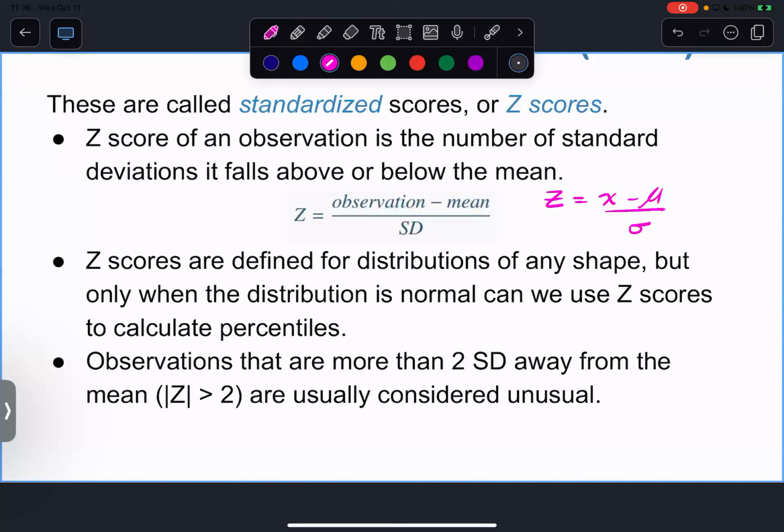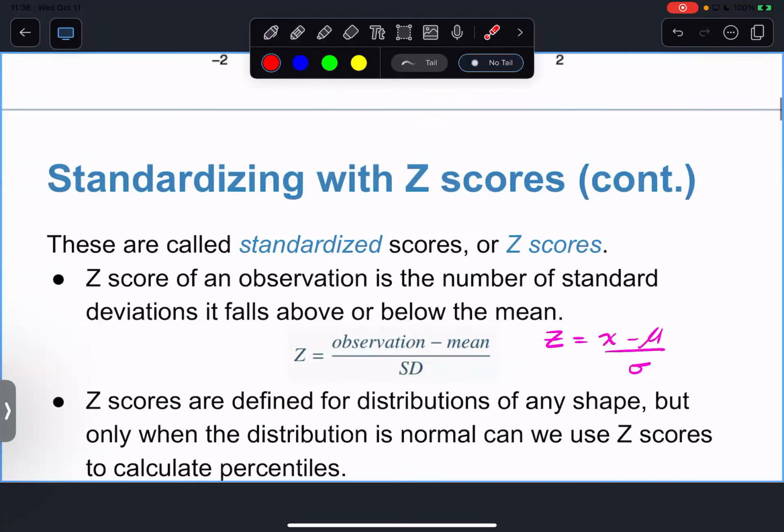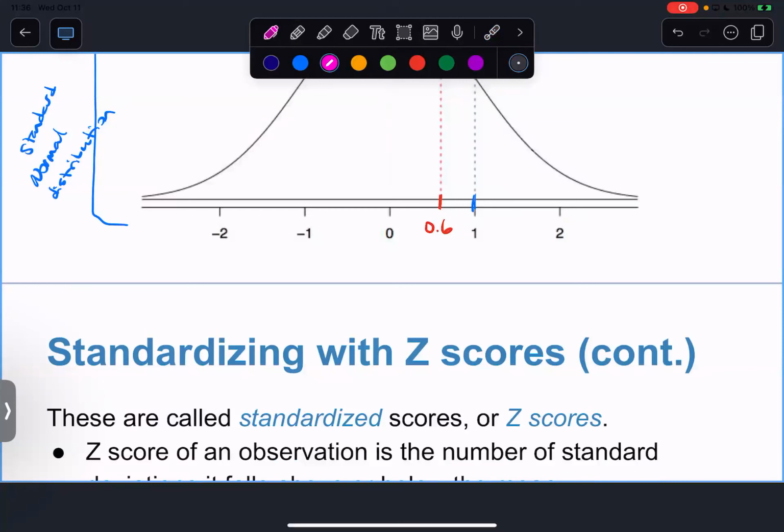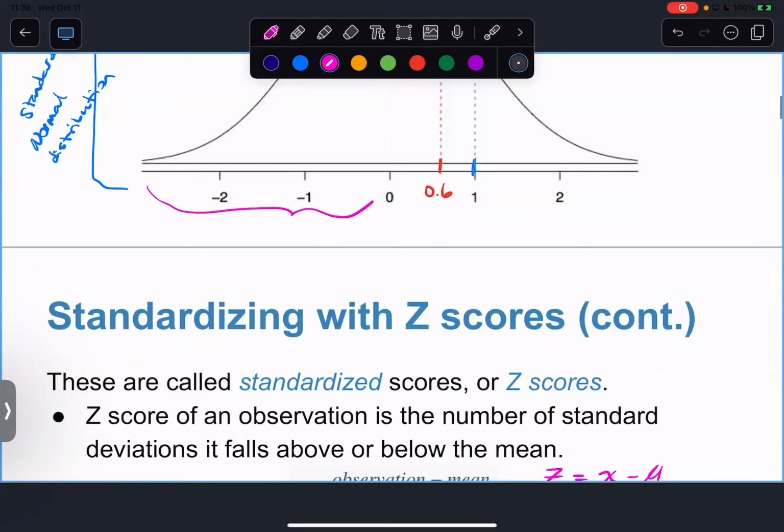Well, we are, but we're also wanting to know if it's below the mean or above the mean. So any observation that's below the mean, so if x is less than mu, then I get a negative value. So negative z values, going back here, to the left of 0.